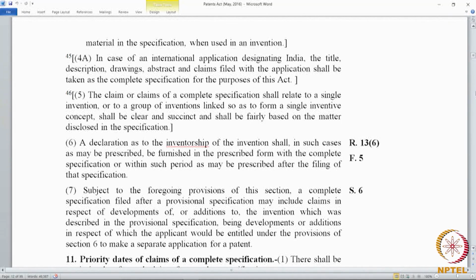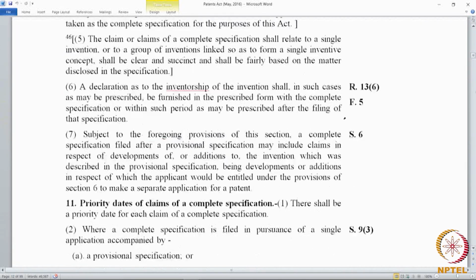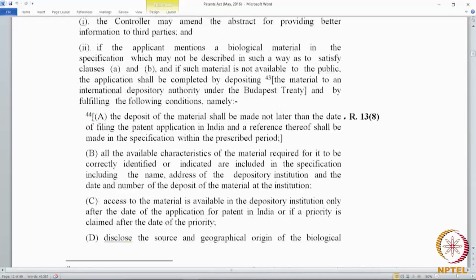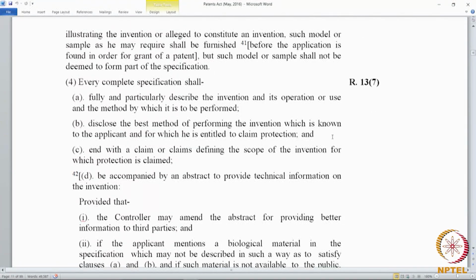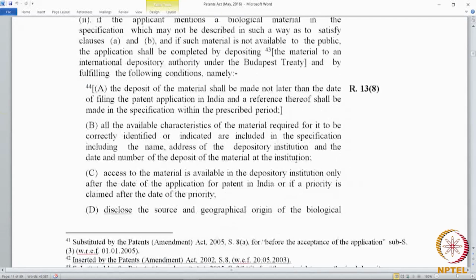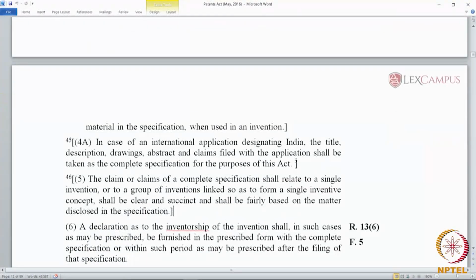If the applicant has not disclosed a part of the invention, then it would not be proper for him to claim it without making a disclosure, because as we have already seen in clauses A and B of section 10(1), the descriptive part has to be a full and particular description. It has to disclose the best method of working, the operation or use, and the method by which it is performed. All these things have to be described in the complete specification.